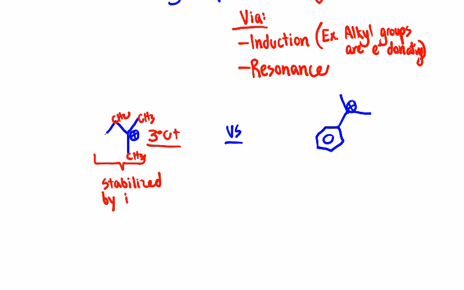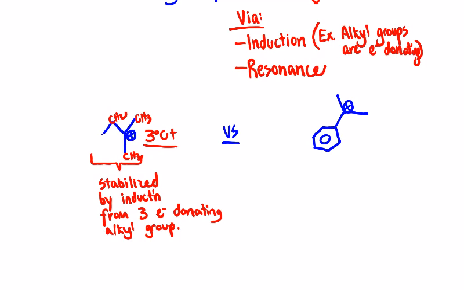So it's going to be stabilized by induction from three electron donating alkyl groups. And since there's no pi electrons or lone pairs here, there can be no resonance. In order for there to be resonance, there always have to be pi electrons and/or lone pairs. So when doing this analysis of stability, there is no opportunity for resonance here.